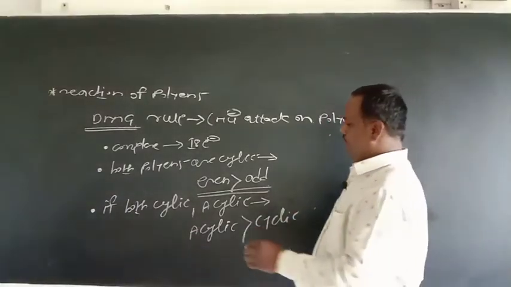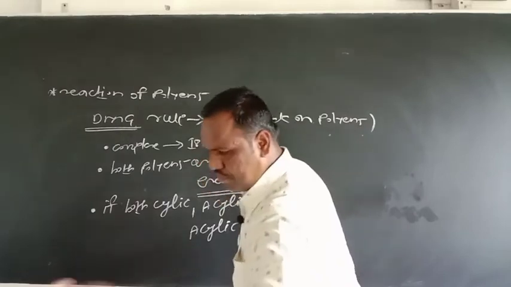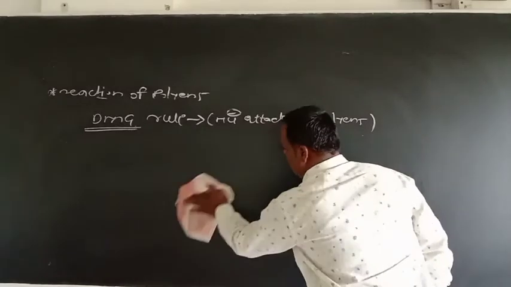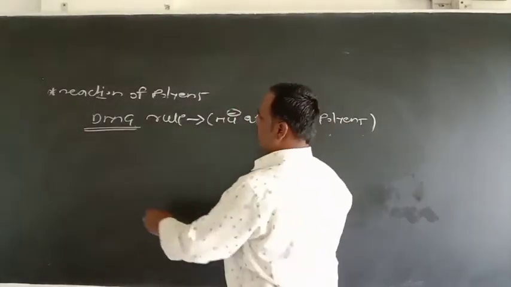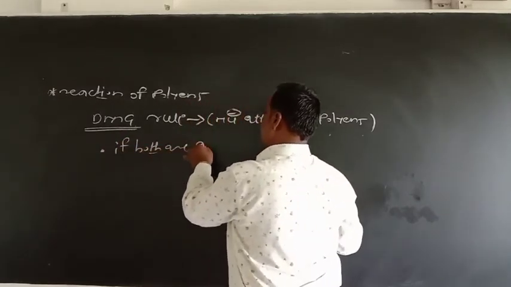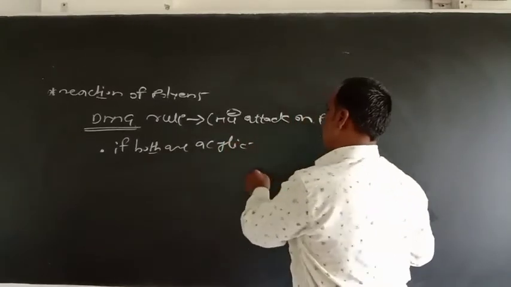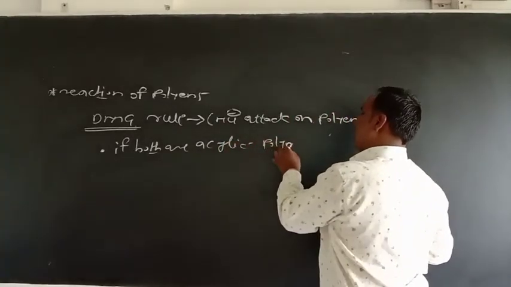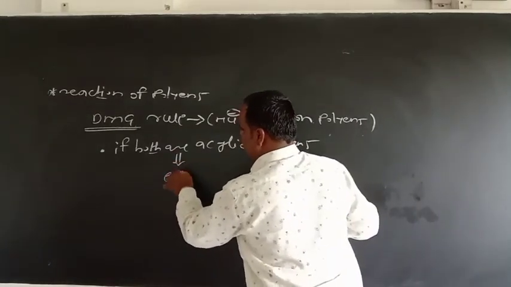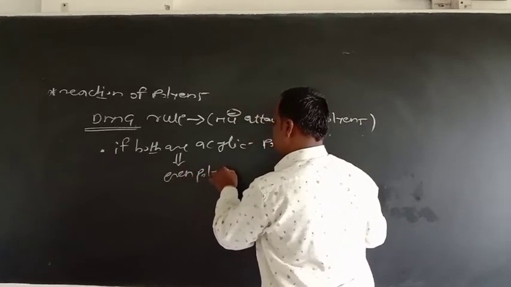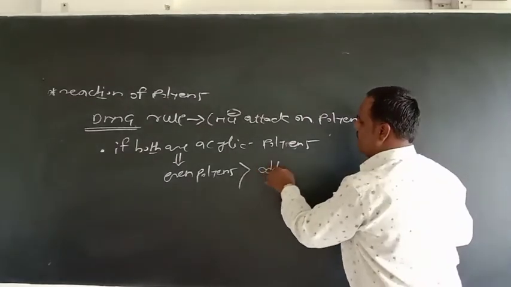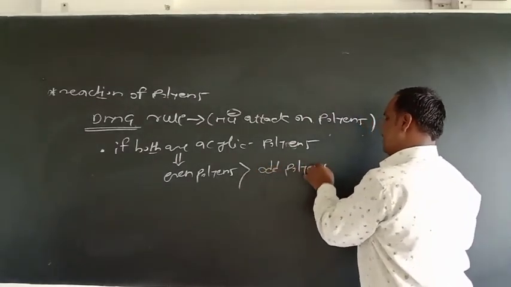Again, the third important rule is that if both are acyclic polyenes, then in that case also the even polyenes are preferred for nucleophilic attack than odd polyenes.